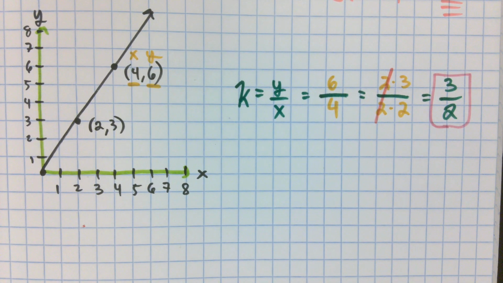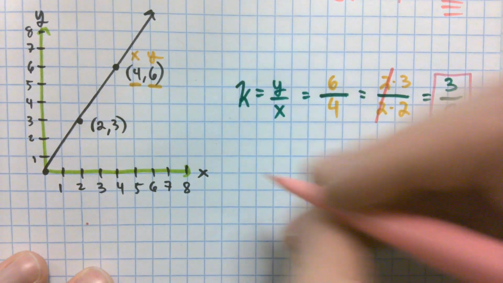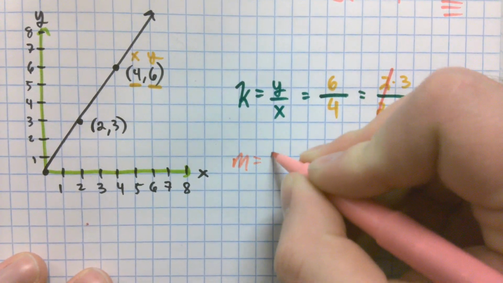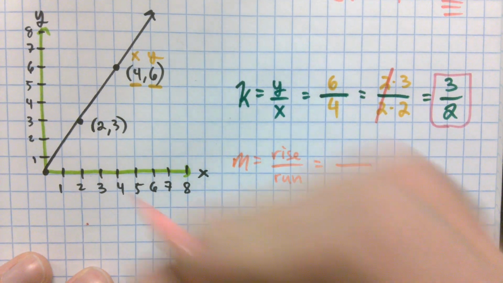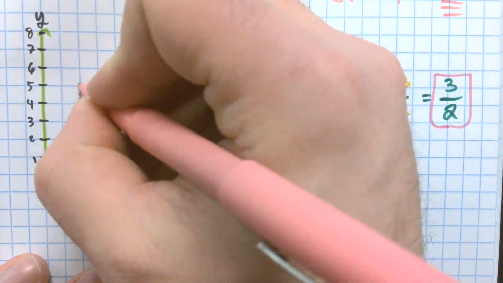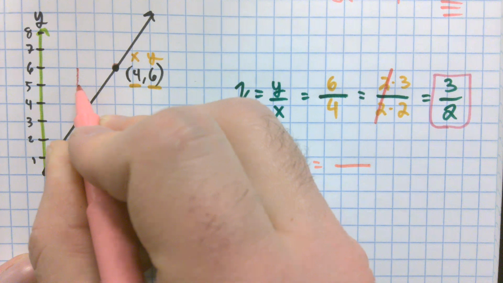But again, k is the same as slope. So if we wanted to, we could find the slope of this line by doing rise over run. From this point to this point, how many units do I have to rise? Oh, no, 1, 2, 3.